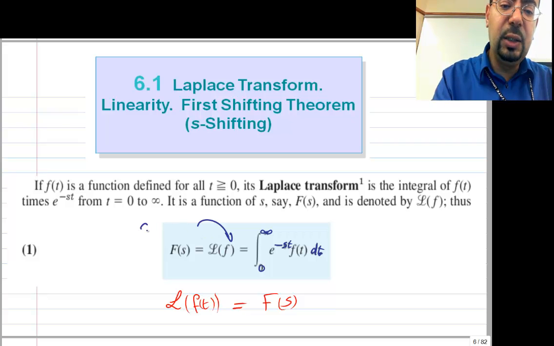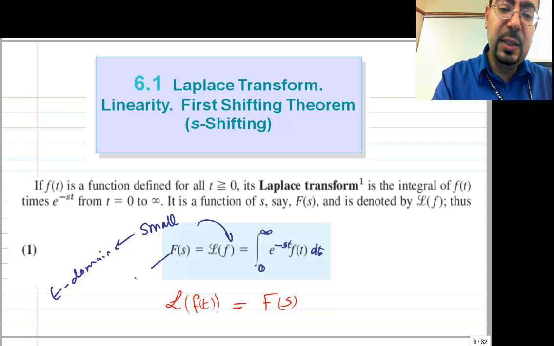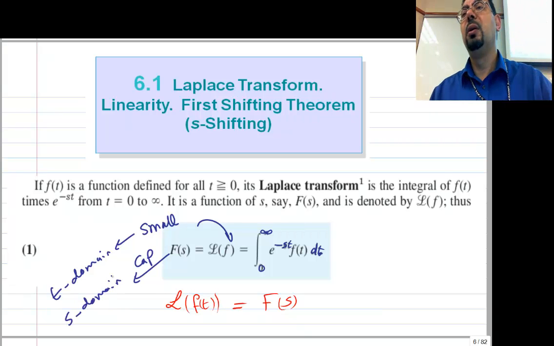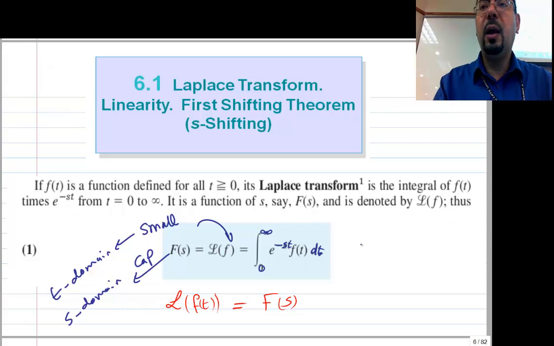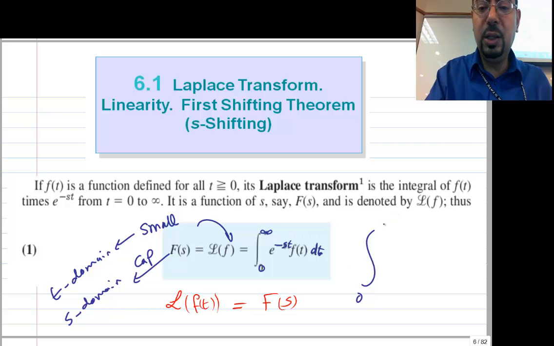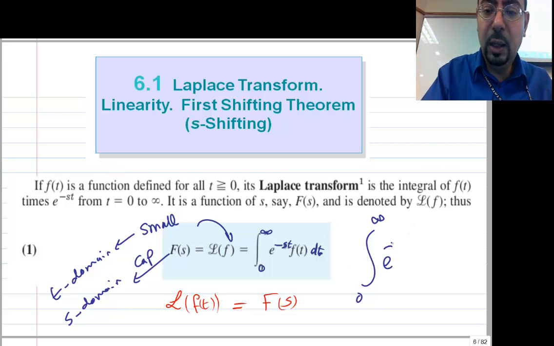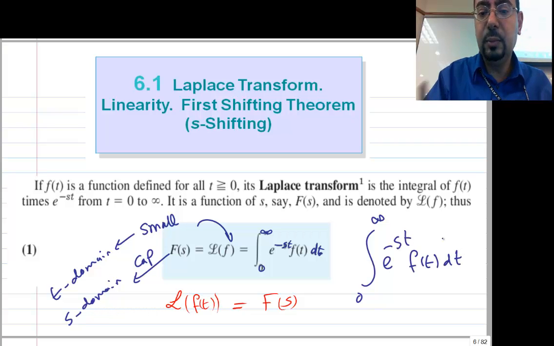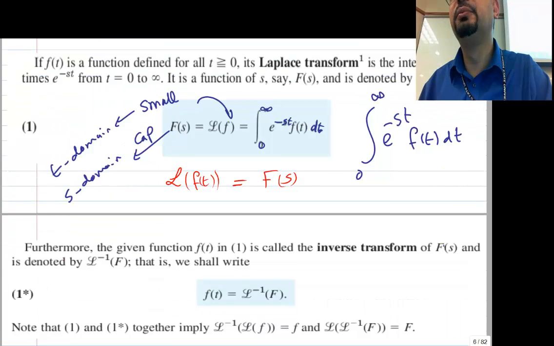It's understood that if it's small, then it's in the t domain, and if it's capital, then it's the s domain. And again, the integration, in case you cannot see, is 0 to infinity e to minus st f of t dt.